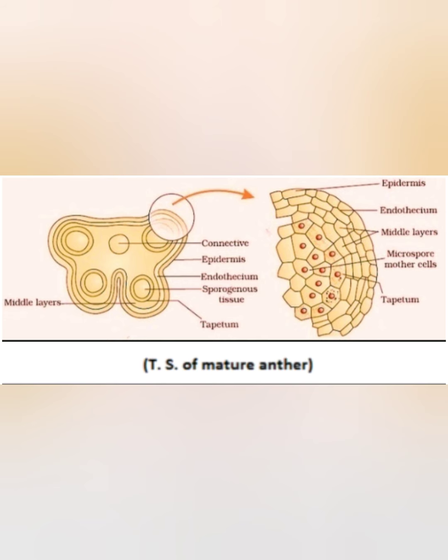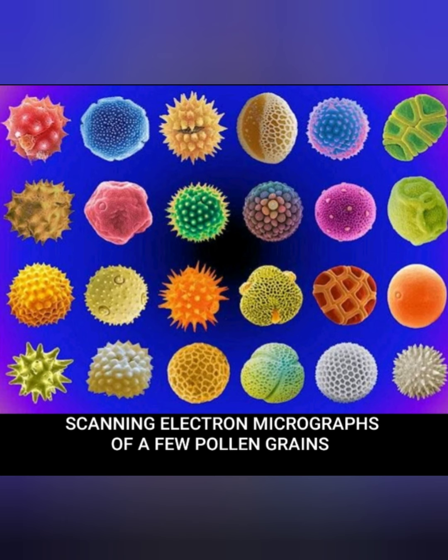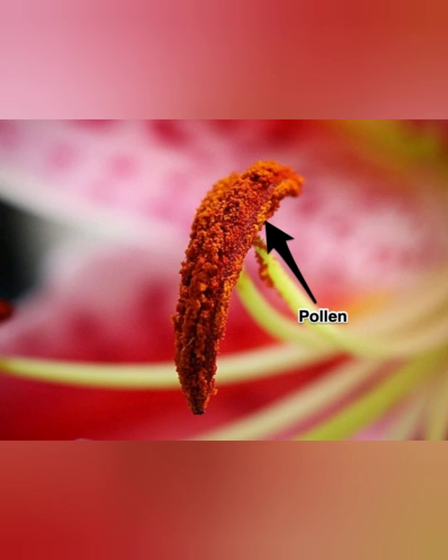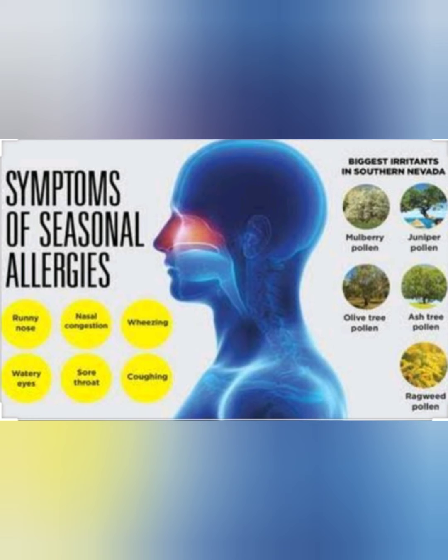Next, we saw scanning electron micrographs of pollen grains, and an enlarged view of the pollen grain, its structure and the different walls present. Next, we saw the viability of different pollen grains, and then the economic importance of pollen grains.